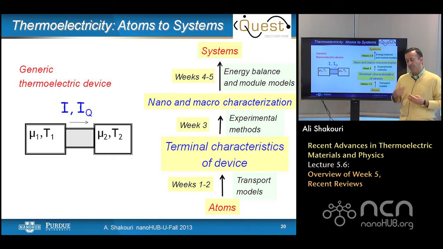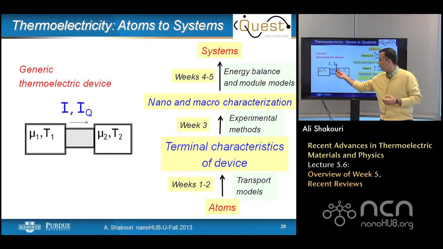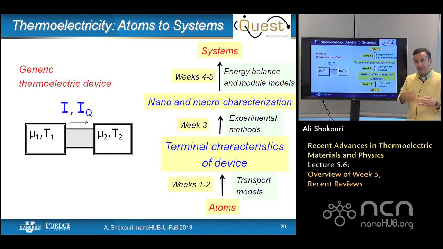There we tried to emphasize what is the fundamental optimization that one needs to keep in mind. What is the optimum band gap? What is the optimum band structure? In some sense, that actually went back to week 1, because when you want to think about that, it's good to go back to the original single atom picture and see how things could be optimized.